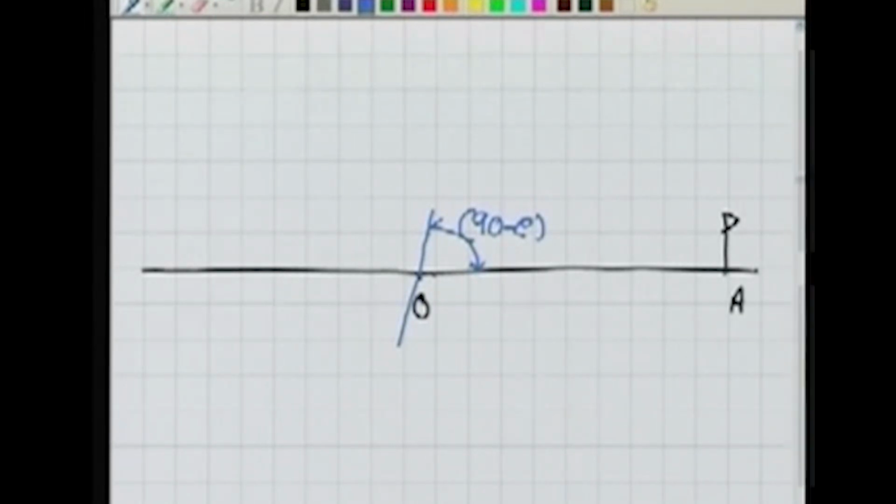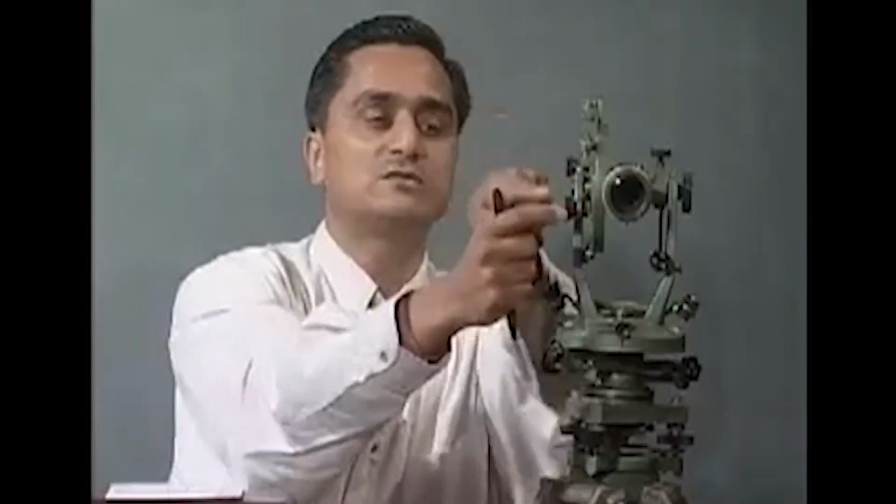Well, in this case, now if I am bisecting A, I transit it back. If I transit it back, this is very important. What is happening here? The cross wire is coming here. Right now the line of sight is going this way. Once it is here, the line of sight will come this way, because now the cross wire is here and the line of sight will be starting from here and will go this way.